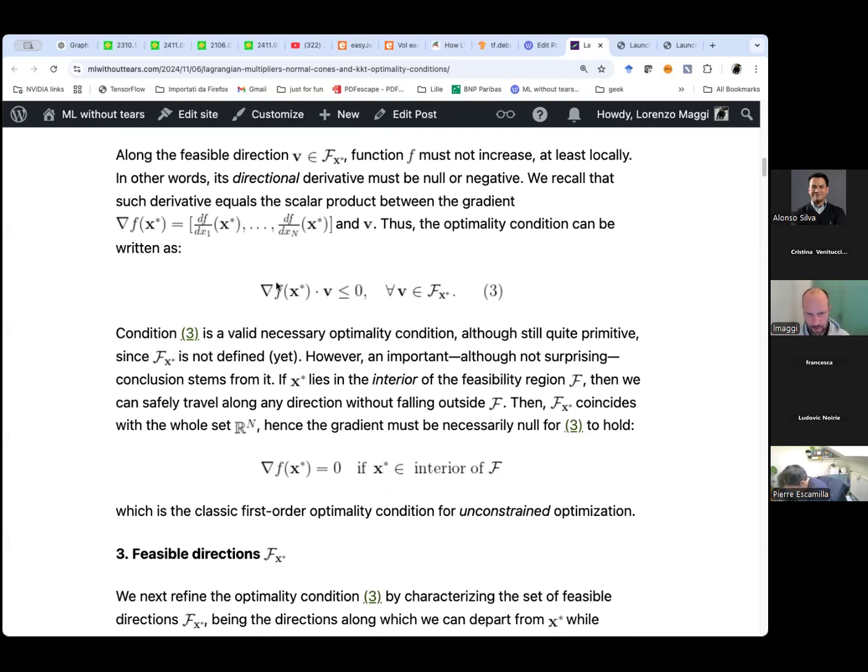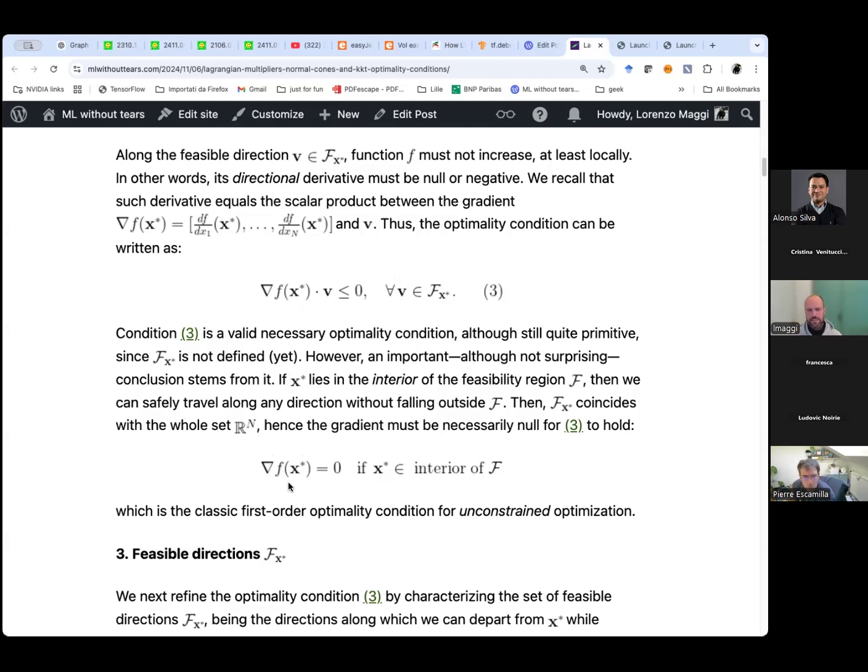It's very primitive, but we can already say something that is very well known, and that stems directly from this. If x star is in the interior, inside the feasibility region, then it must hold that the gradient is equal to 0.